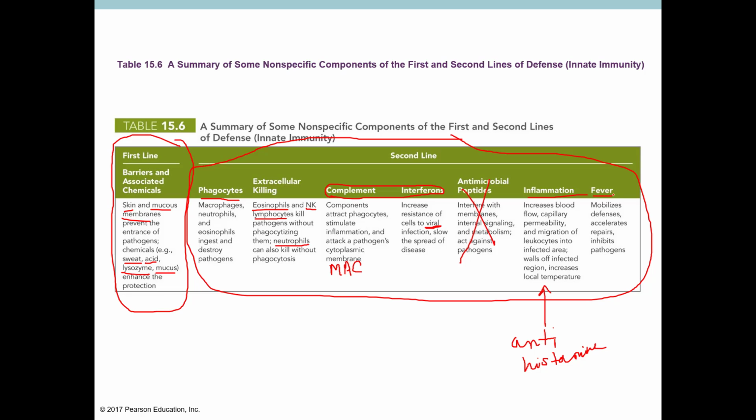Fever is where the body's temperature resets at a higher point, temporarily anyway. And it really helps with the interferons, which fight the virus if it's a virus. It helps with the phagocytes' function. And again, you wouldn't want to take Tylenol or something like that to bring down the fever.